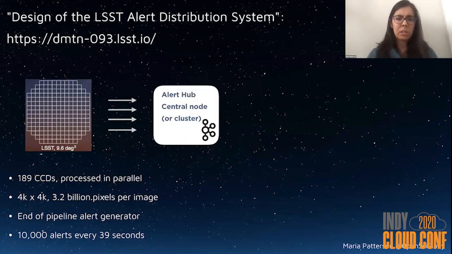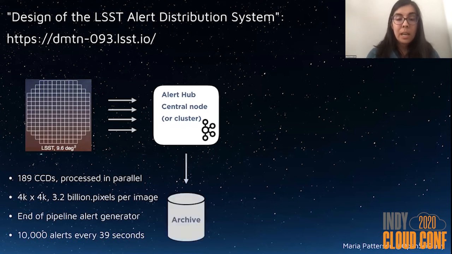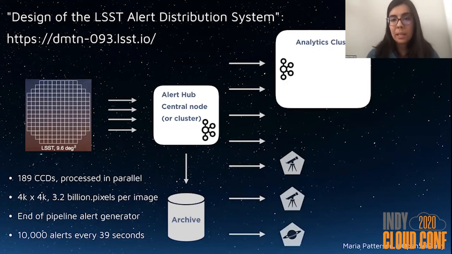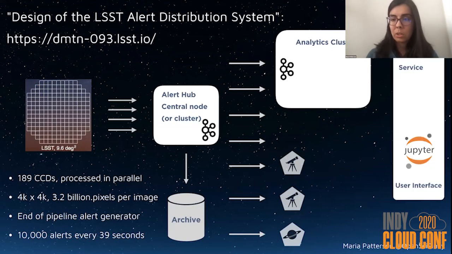And so again, we also have basically an alert hub where all the data is going into a centralized place where it's being backed up by an archive and it's being sent to these different community brokers that are large organizations, collaborations of different types of scientists. And then again, running our own analytics cluster, which is the filter submission service.